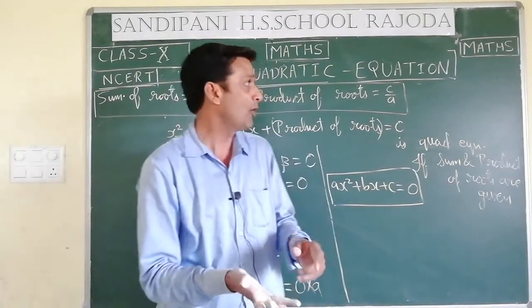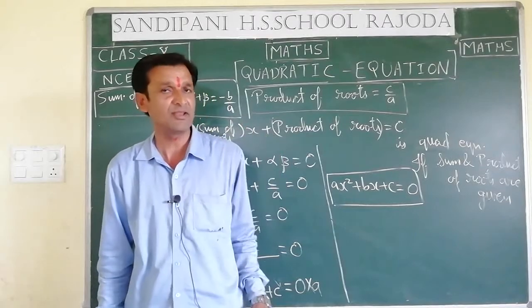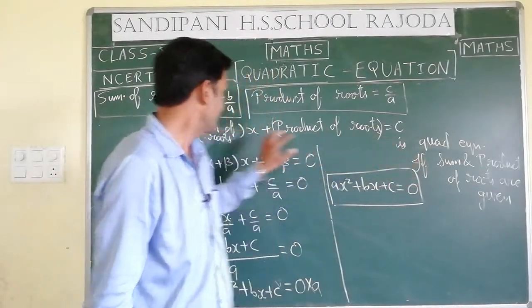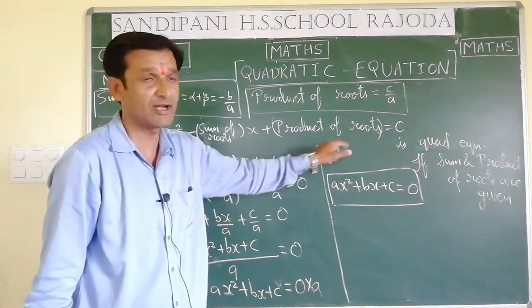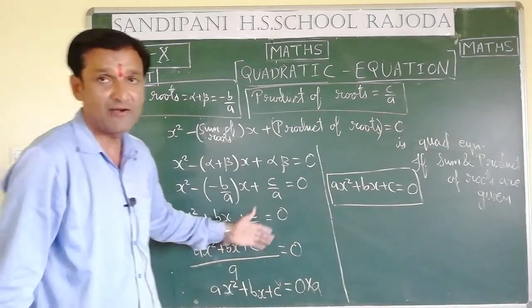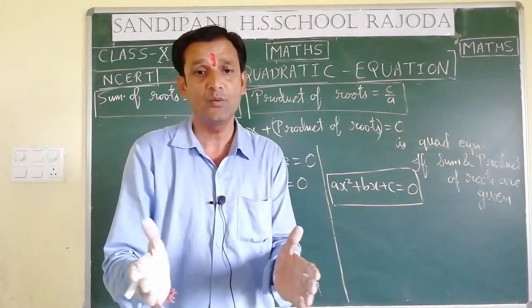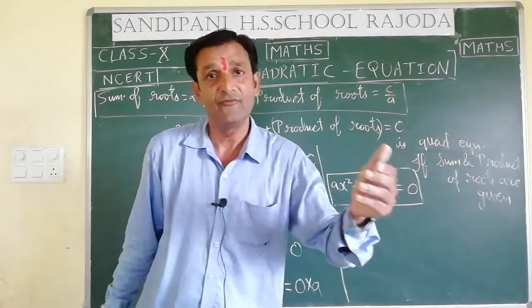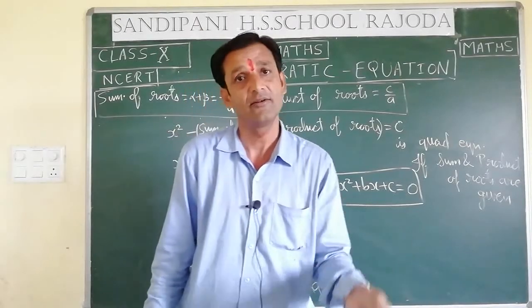I have told you about the discriminant also, which is in the root part, b square minus 4ac, and why the quadratic equation is written in this form if sum of the roots and product of roots are given. So in this way we are now able to proceed in this chapter, and we may solve all types of questions in our further lectures.